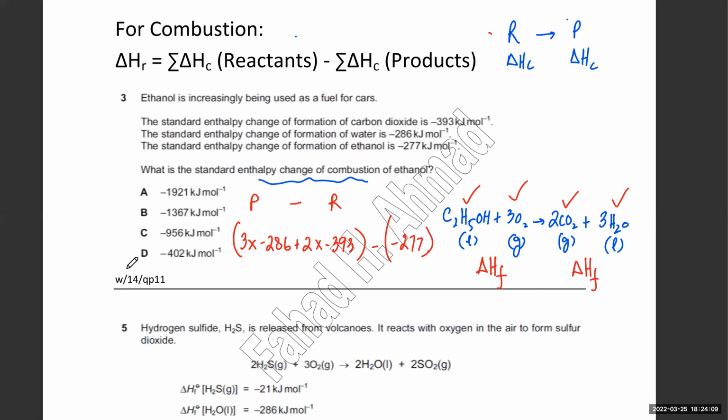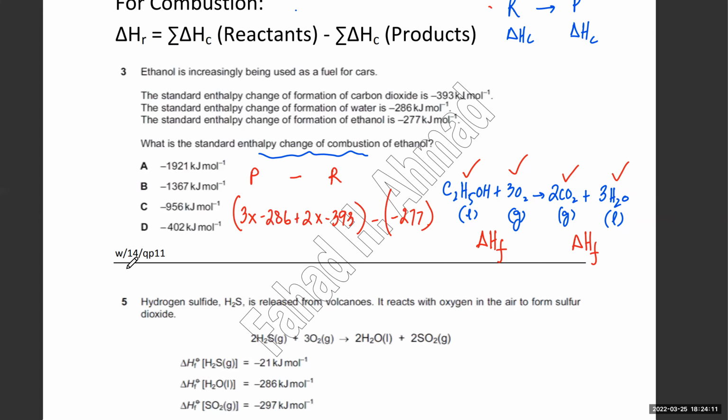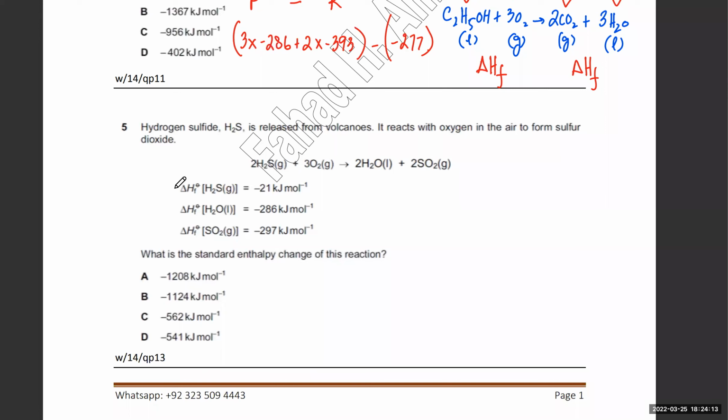Yes, it's B. The next one, again, remember the equation is irrelevant. What is the data that's given? The enthalpy of formation of H2S is given. The enthalpy of elements is already known. The enthalpy of formation of H2O is also given, and so it's going to be product minus reactants, right? So it's going to be product minus reactants.